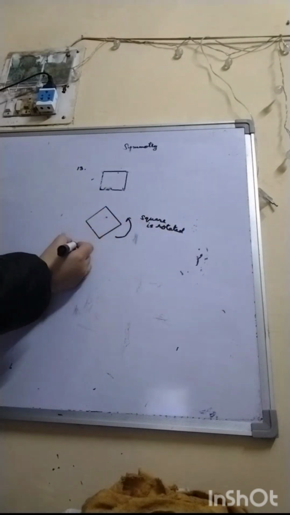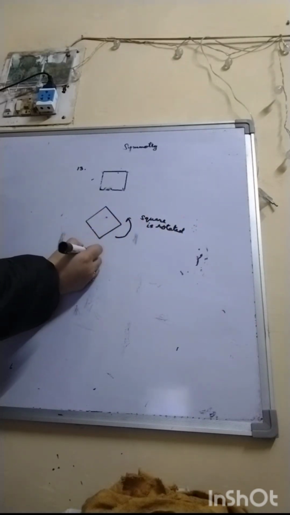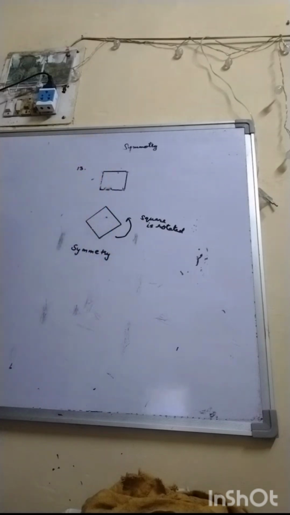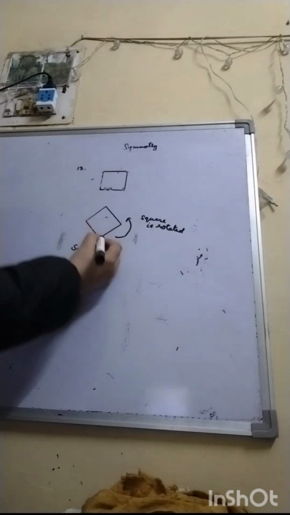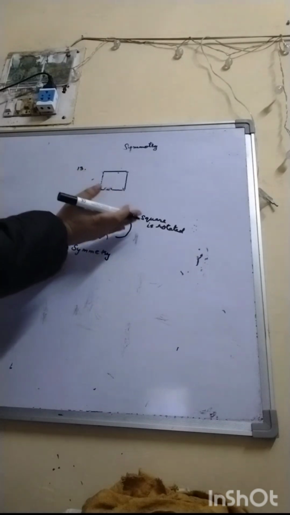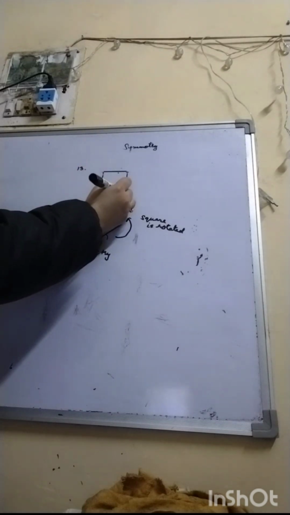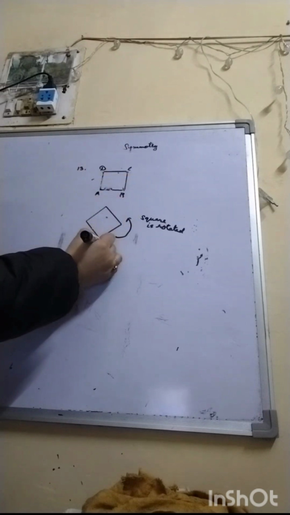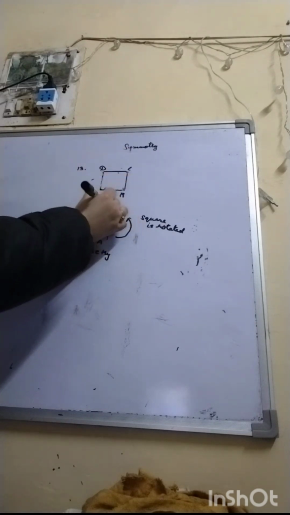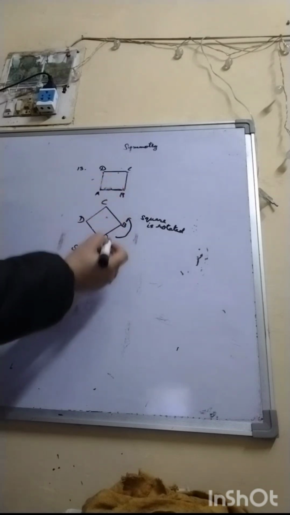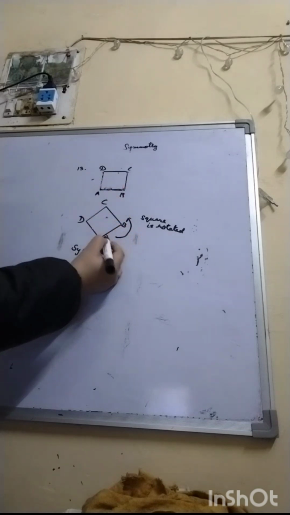Now what would be the symmetry? You can see here that when the square is rotated like this, it is making a certain angle. If I name the sides A, B, C and D, AB here is horizontal and AB here is at a certain angle.